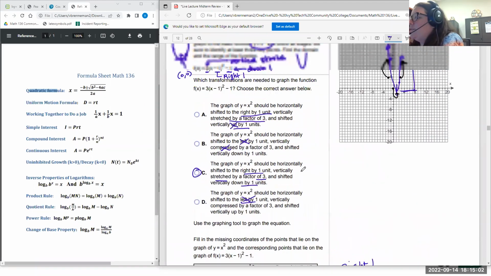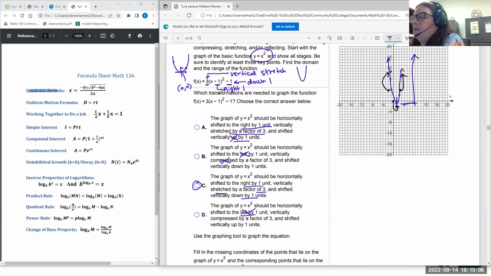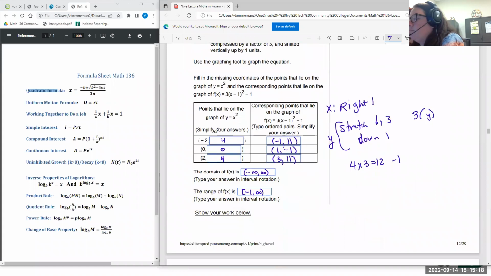The main thing I would say, whether or not it's specifically asked, be able to look at the equation and figure out what the transformations are, and what that graph is going to look like, as far as the specific points. You want to be able to do that if it's asked also.